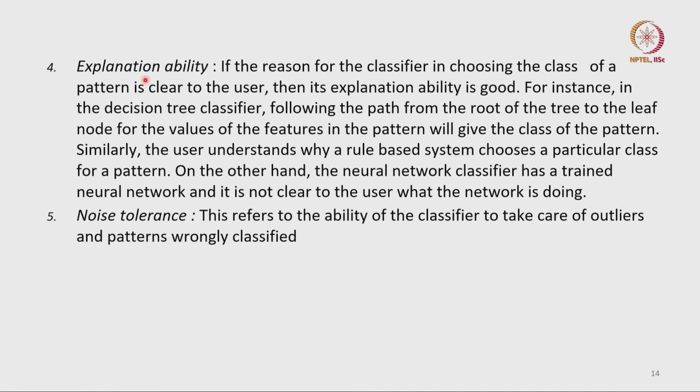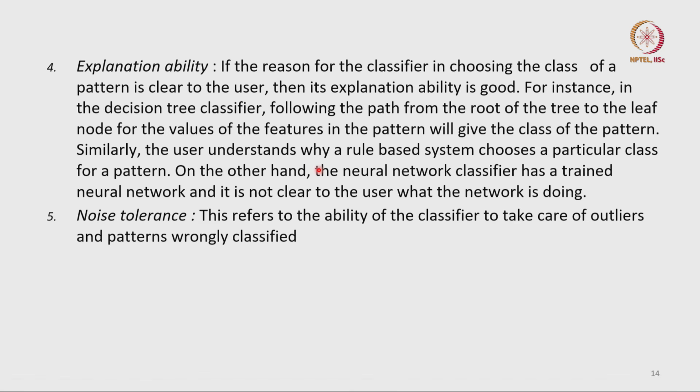The fourth one is the explanation ability. The idea is that you have a classifier, the classifier gives you some classification. So, how do you believe that classification is true? For that, if you can have an explanation ability which says that this pattern belongs to this class, because this feature has this value, this feature has this value, etc., then you can believe it more.